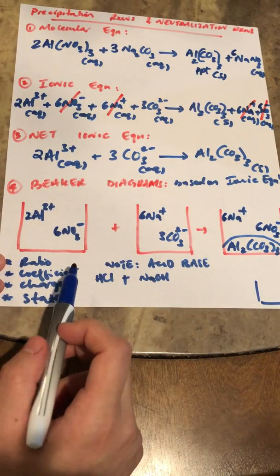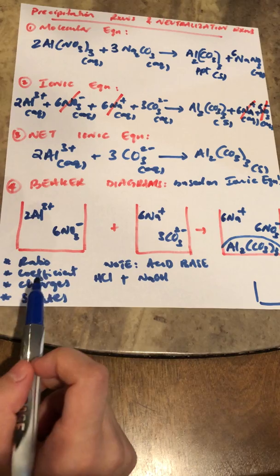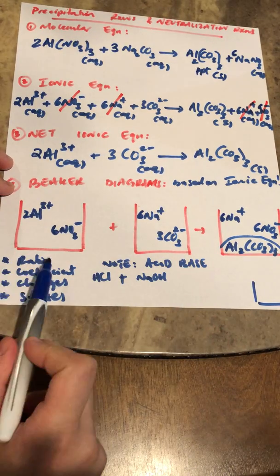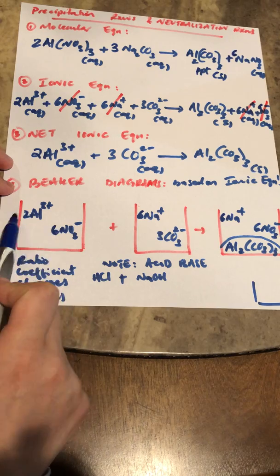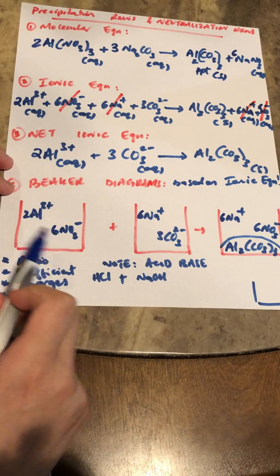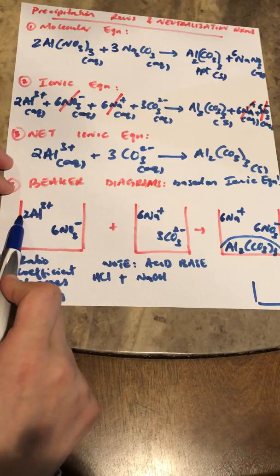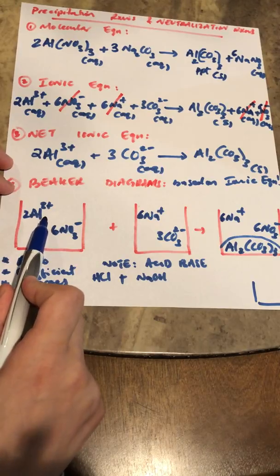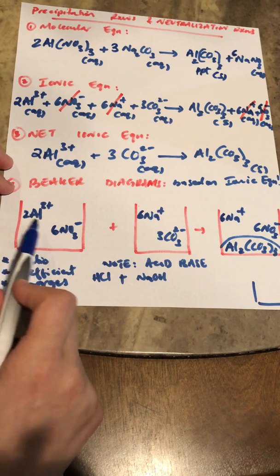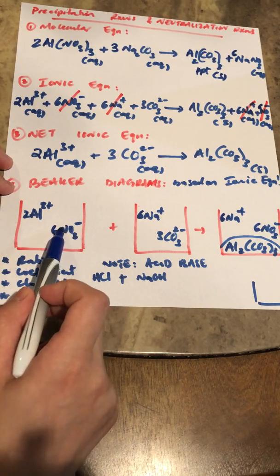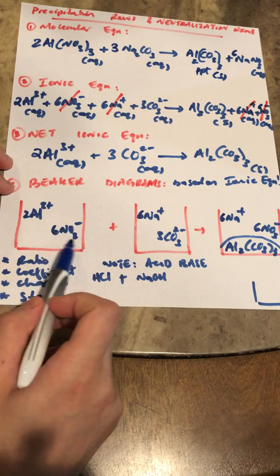Now keep in mind, there are a couple of things that you need to remember when you're drawing your beaker diagrams. You need to include the proper ratio. So if I have a 6:2 ratio, you need to include that. It is not okay for you to include the 2 as a subscript, okay? That's wrong. A subscript indicates that it is part of the formula, as in the case of NO3.